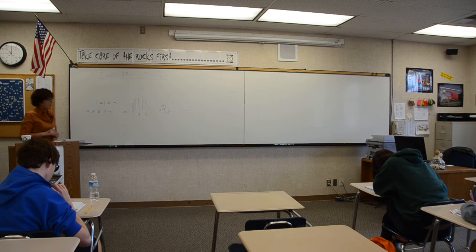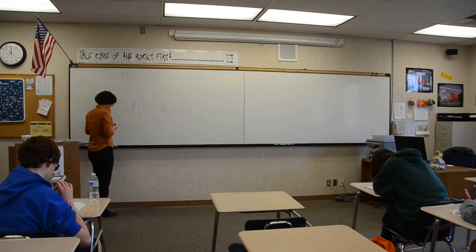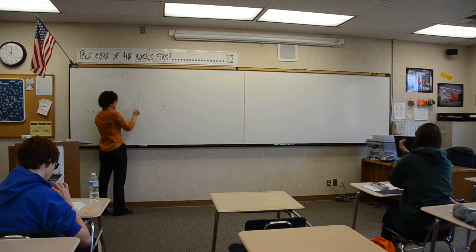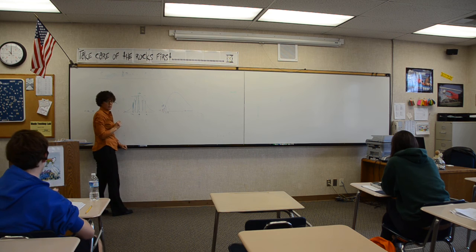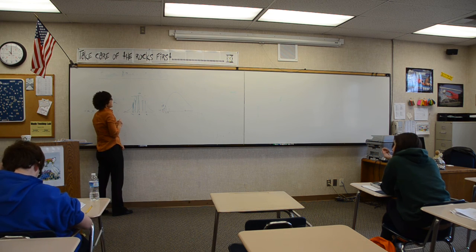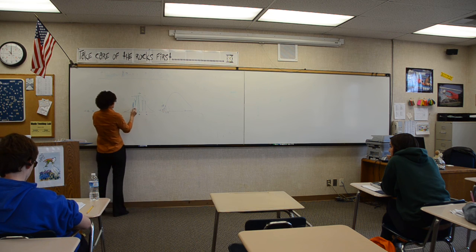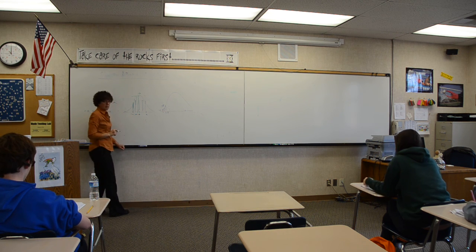Something else, here's what I did. I said that if this whole thing is 0.75, I'm going to divide it by 2 and I'll get 0.375. So this is 0.375. Are you with me?